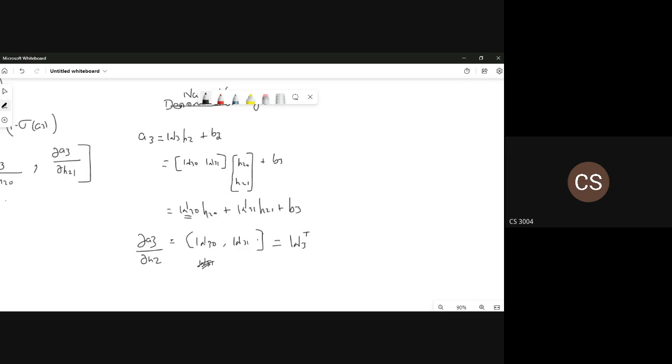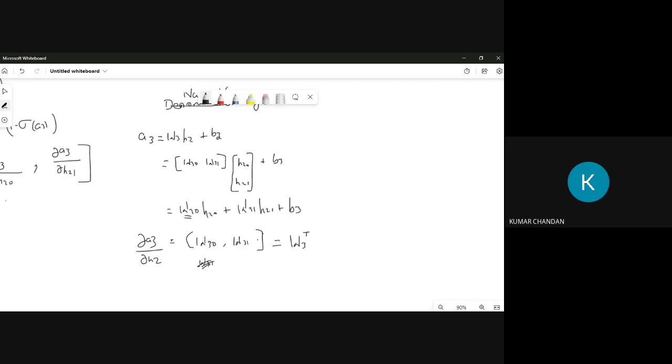Is that clear? It's better to explore a little more here, because there are two or three possibilities that can come up. Here we are differentiating with respect to H2. W3 we are taking as the constant. A3 in a better way we can write as W3 at H2 plus B3, where at looks like matrix multiplication.